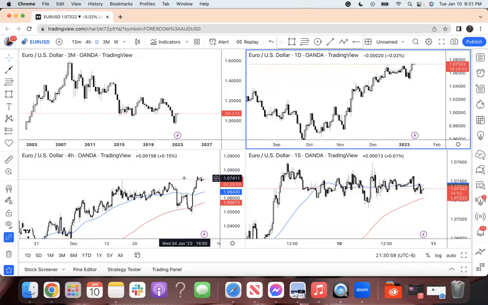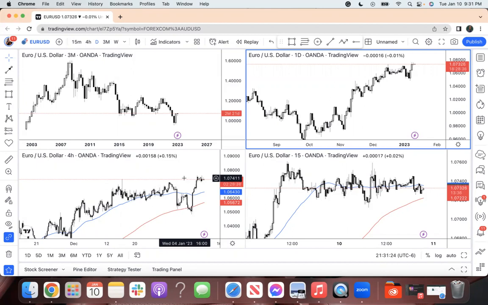First things first, I am on EUR/USD because this is typically the pair that most novice traders start out with. It is the most traded pair in the foreign exchange market, so we're just going to start there. The software that I'm using is TradingView.com.